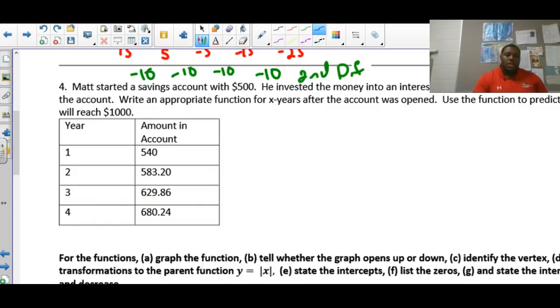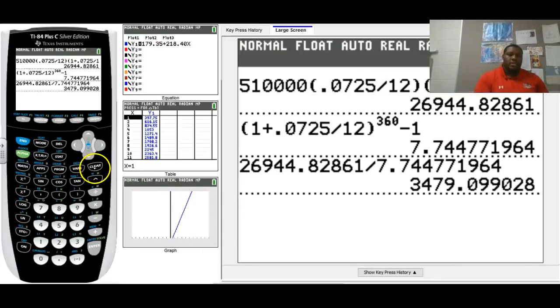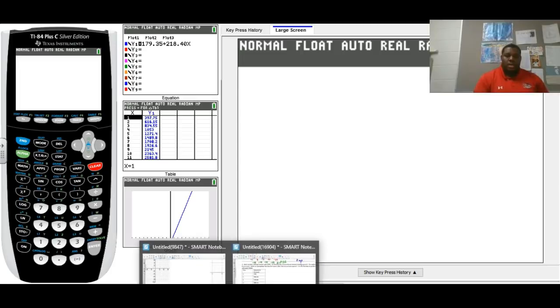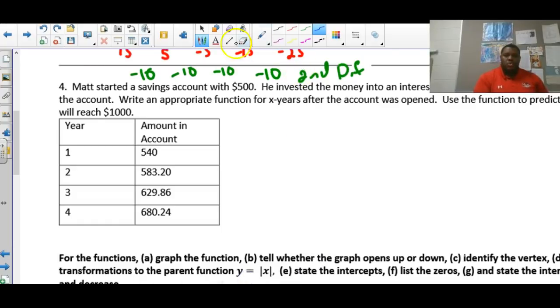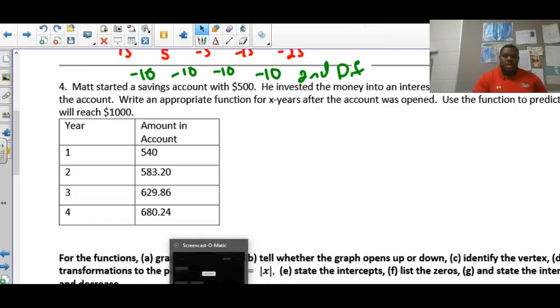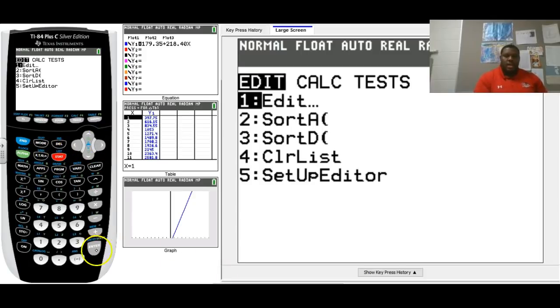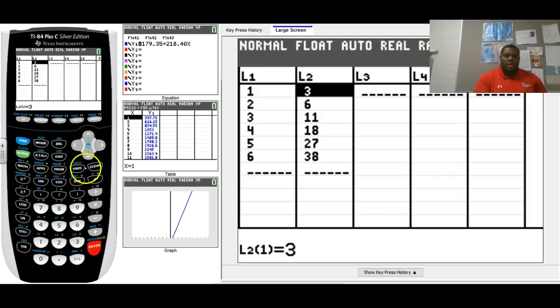If we take this information and put it into our calculator, we'll go to stat, edit, and list 1 is 1 through 4. I'm going to delete these here.